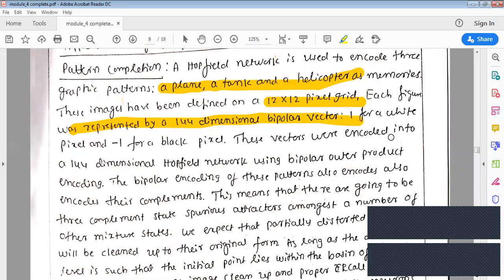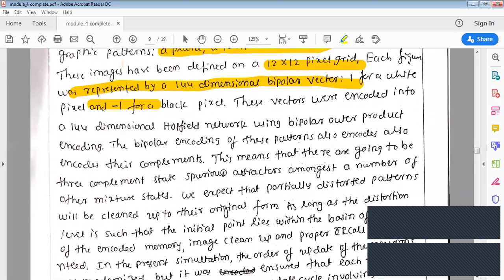Each white point is represented by +1, and each dark point is represented by -1. So these vectors are encoded into a 144 dimensional Hopfield network. So there are 144 dots, and 144 dots are encoded into the Hopfield network. So the network learns how the dots are present in your aeroplane. Then what happens?